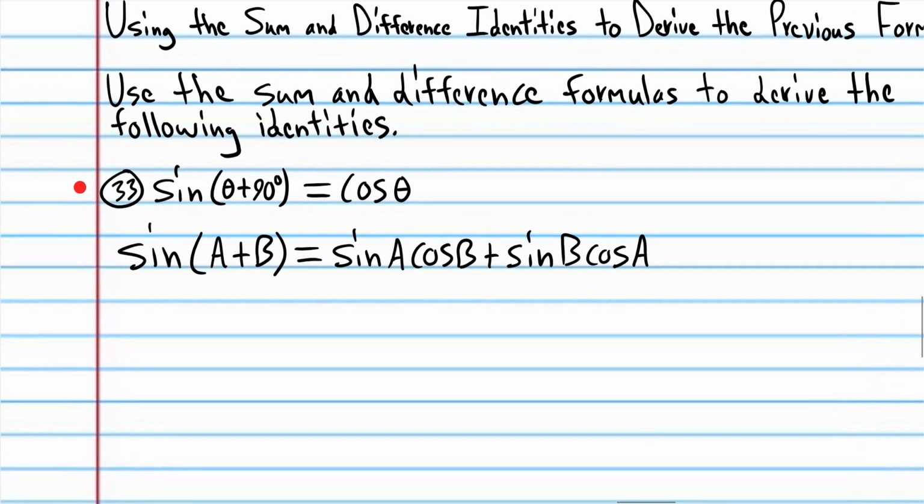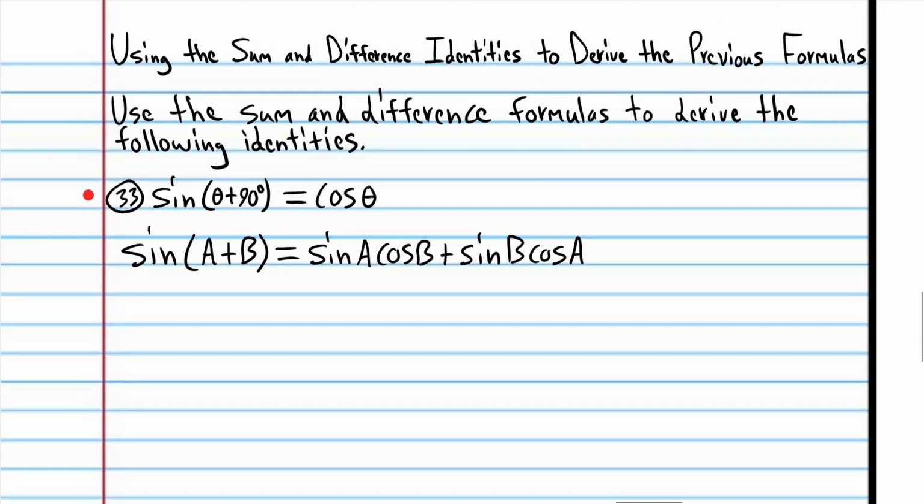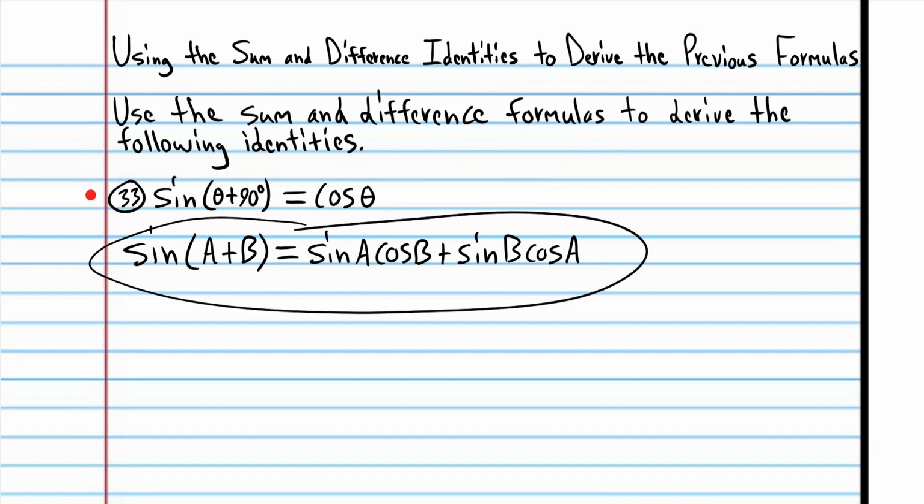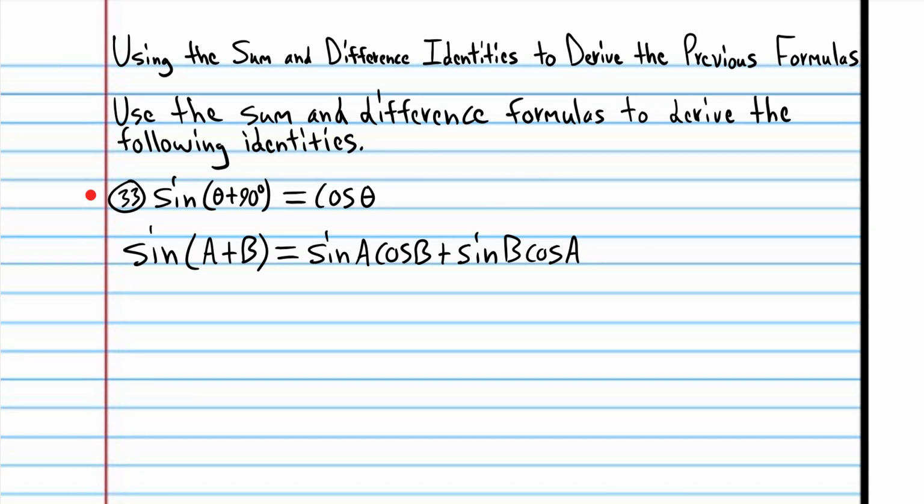If we want to prove that this is true, let's say that we just want to find what that value is equal to, then we can use a sum formula, because we are finding the sine of the sum of two angle measures, but that's exactly what our sum formula tells us to do, or it shows us how to do it.